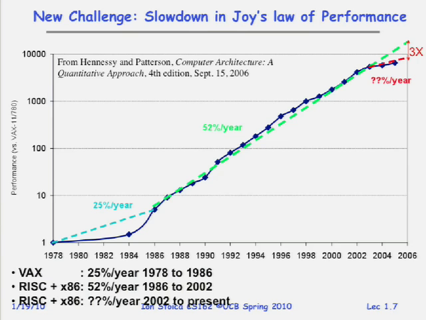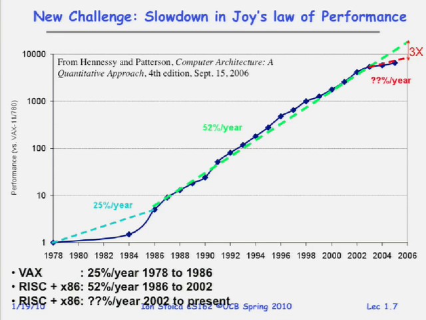Now, when you talk about Moore's law, there is another law, Joy's law, named after a co-founder of Sun Microsystems, which is sometimes confused with it. This law basically says: what is the growth in performance?